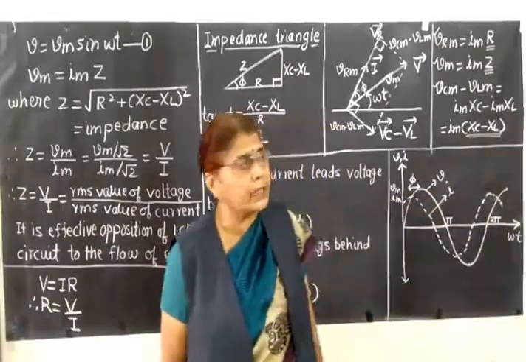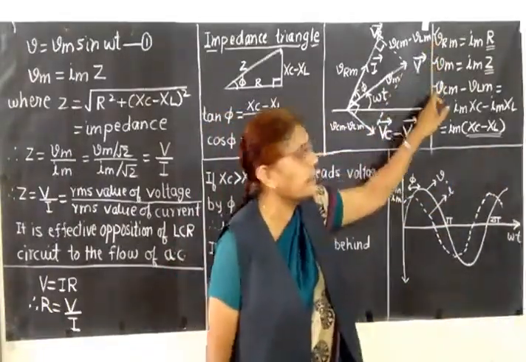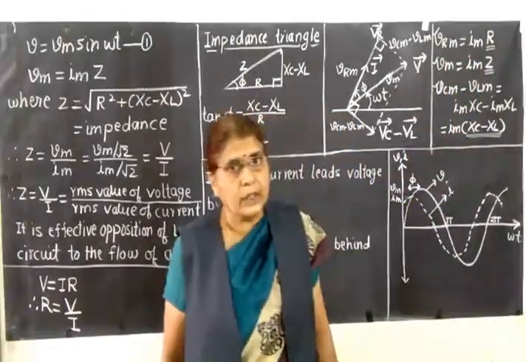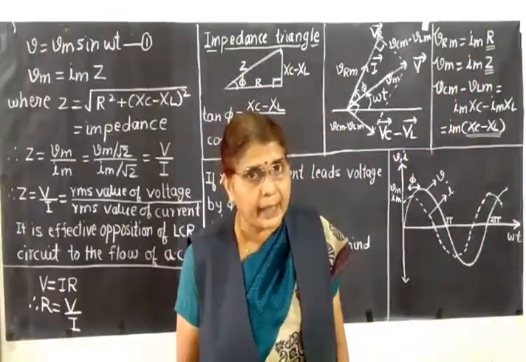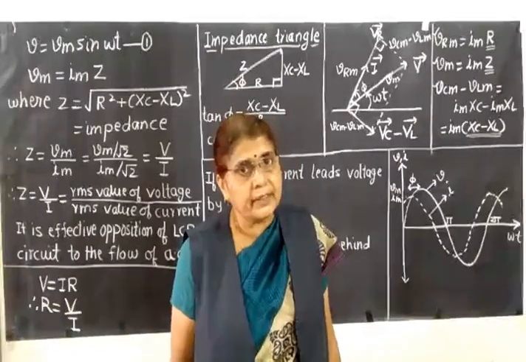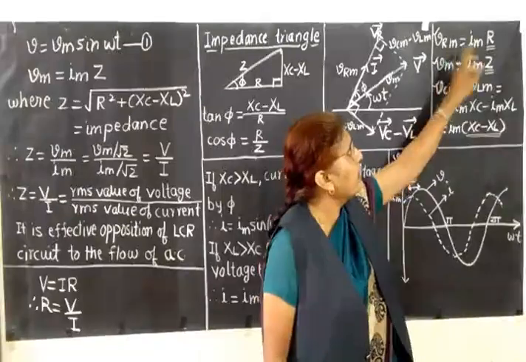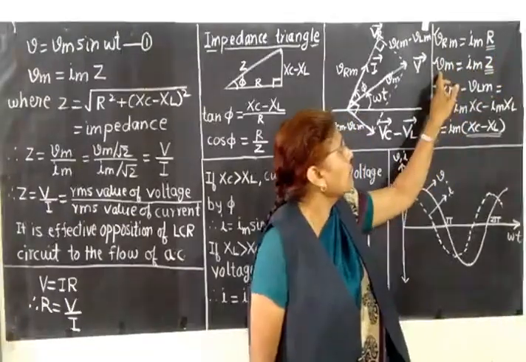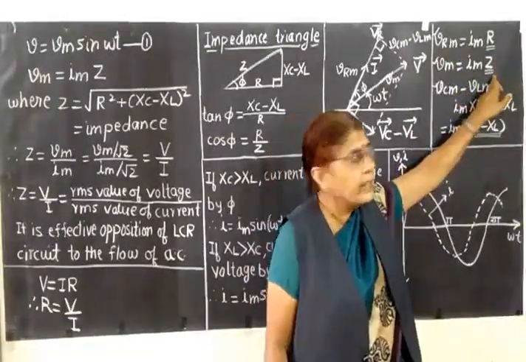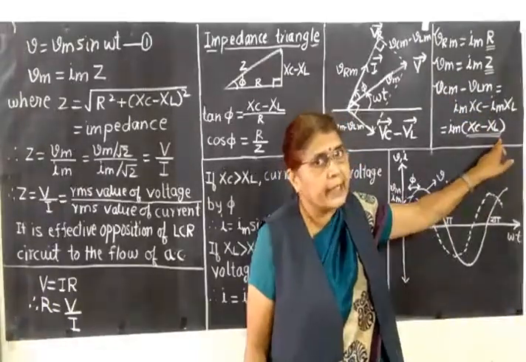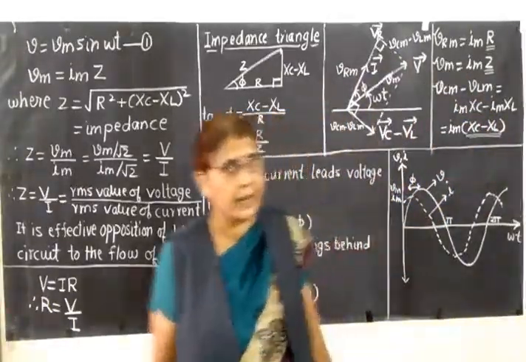So what do you observe now? For all the 3 sides, what is common? Im is common for all the 3 sides. So you can cancel out Im, and the angle between the sides will not change. So VRM we shall represent by R, the side VM we shall represent by Z, and VCM minus VLM we shall represent by XC minus XL, and we shall draw an impedance triangle.